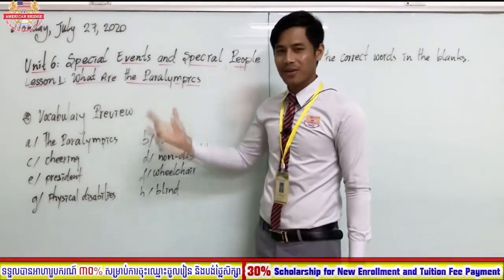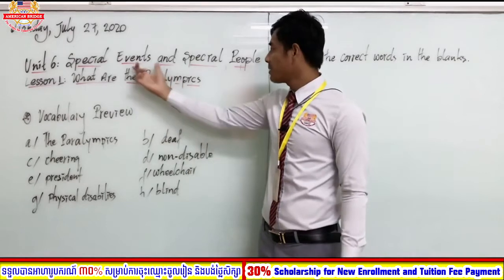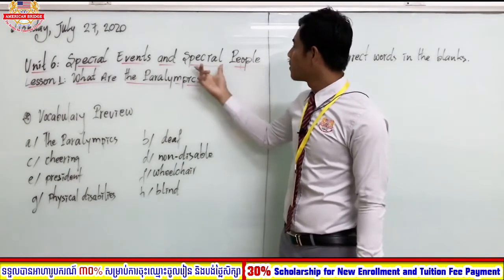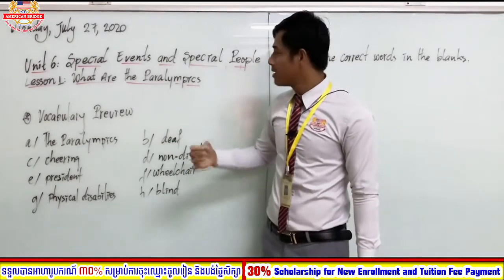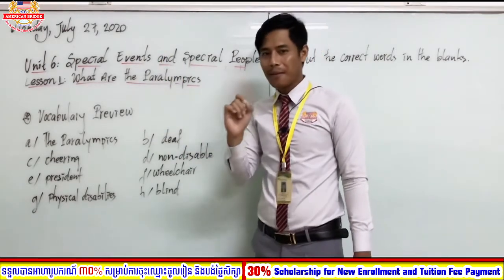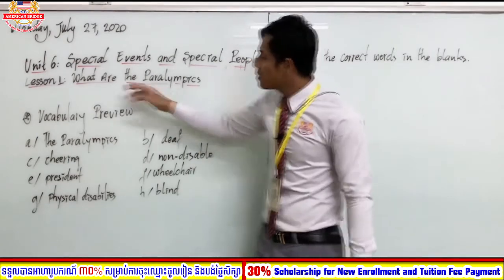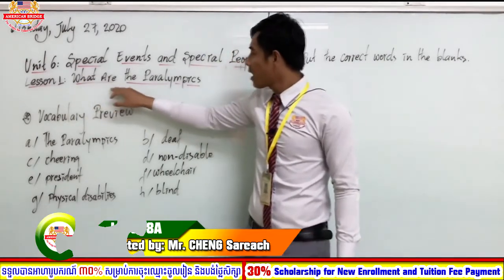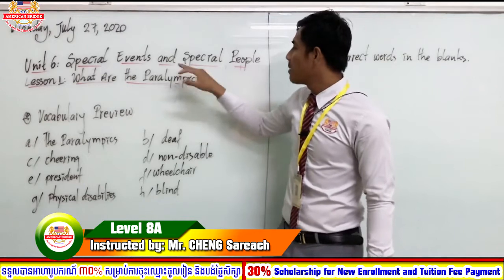What does it mean, special event? You already know about events and about people. So who are the special people and what are the special events that you will learn in this unit? Okay, students, lesson 1: what are the Paralympics?